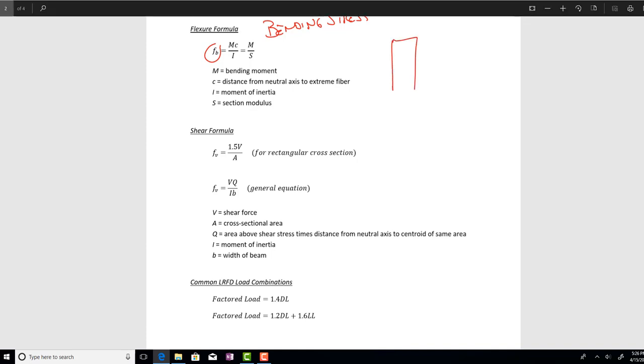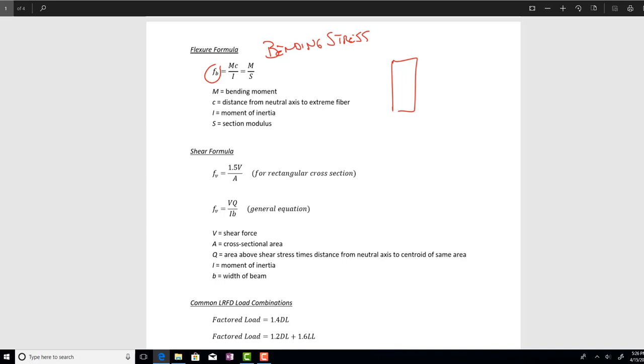And you'll recall that if we're dealing with a rectangular shape like this, that we could calculate the moment of inertia for that shape, and then the c value would be equal to the distance from the neutral axis up to the extreme fiber. And if the neutral axis was not through the center of the shape, then it would be the larger of the two values.